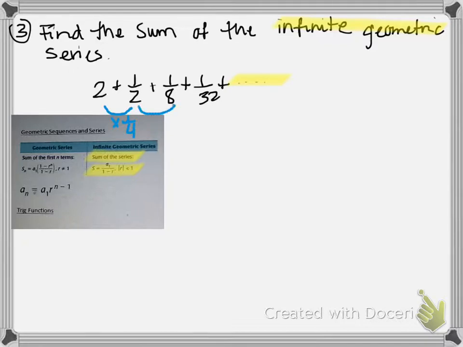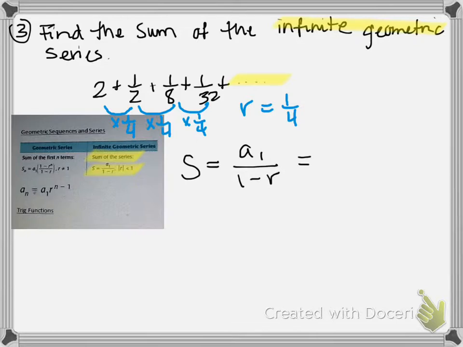To get from 1/2 to 1/8, I would multiply by 1/4. So it looks like my constant ratio, r, is 1/4. The absolute value of 1/4 is less than 1, so I'm good. I can use this formula. If I couldn't use this formula, I would have to say that the sum doesn't exist.